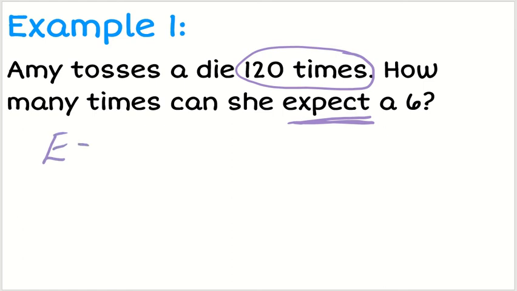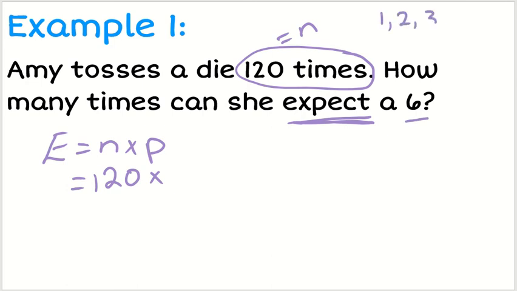So we've got our formula here, E equals N times P. The 120, that is our value of N, so I can put that in my formula. And P, that's our probability. The question said how many times can she expect a 6? When I roll a dice, I could get a 1, 2, 3, 4, 5, or 6.